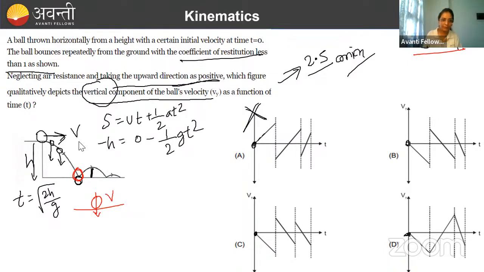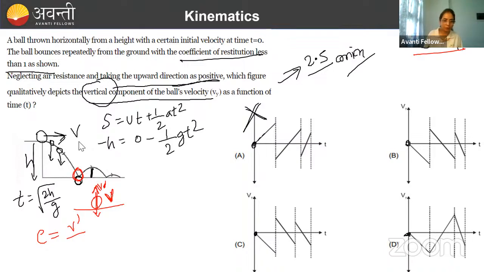Suppose it is having velocity v, which we can also calculate. After collision, it will again move up. With what velocity? The coefficient of restitution is less than 1. If we suppose it is equal to E, then E is the velocity of separation over velocity of approach. Suppose the final velocity of the ball after collision is V dash. Velocity of separation is V dash, because the velocity of the earth is 0.